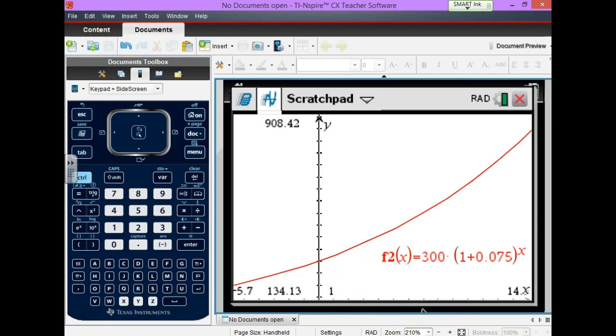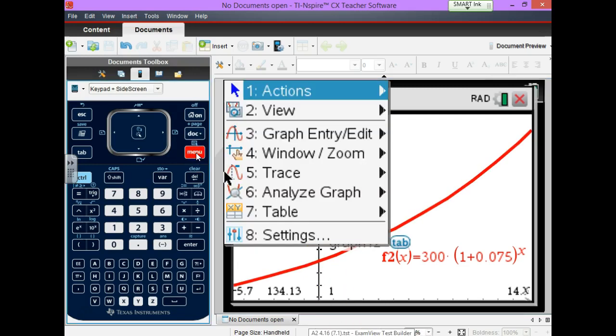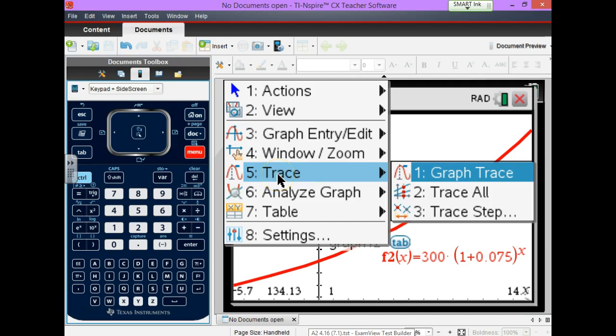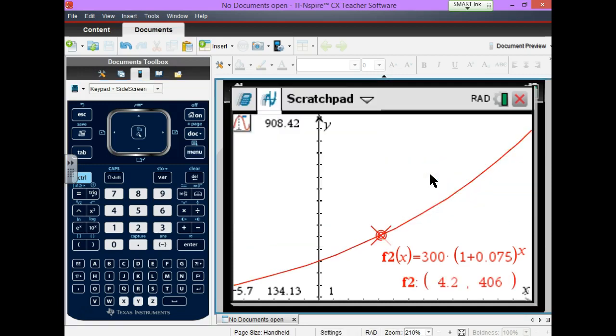What I'm going to do here is I'm going to introduce the trace feature, menu 5, 1. Okay. And as you can see, I have now coordinates the x value and the corresponding y value. So I'm going to keep on moving to the right until I get close to that $700 value that they're interested in.